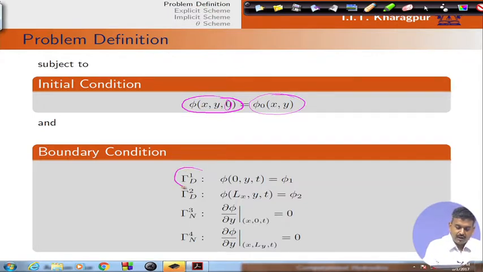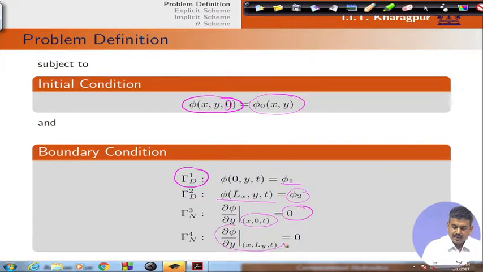Boundary condition on the left hand side, that is x is equal to 0, we have this phi 1, right hand side Lx, y, t phi 2. On top and bottom, this is at the bottom, for all x, y is equal to 0, this value is 0.